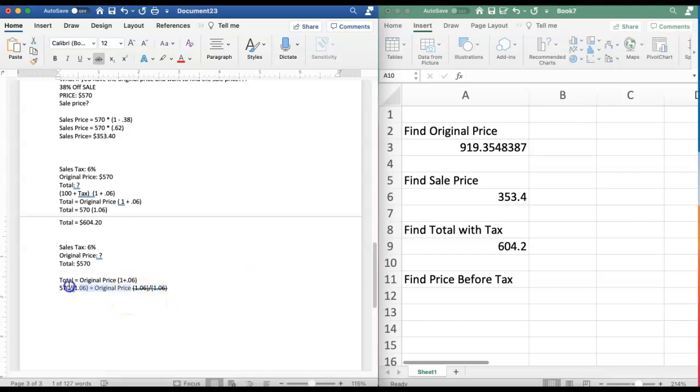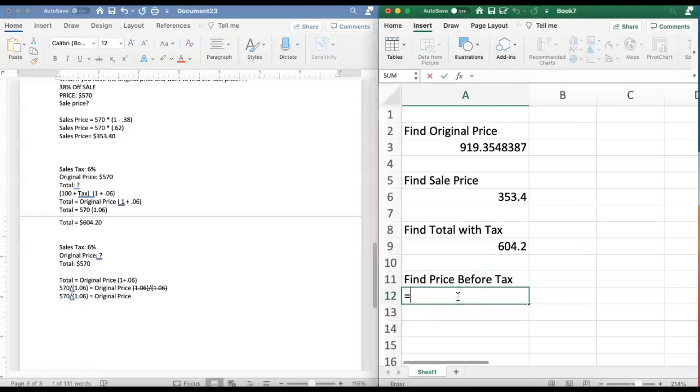So my next part is just going to be the original price is 570 divided by 1.06, and I'm going to copy and paste this into Excel. Copy, come over here, press equals to get it to calculate, Control V to paste.